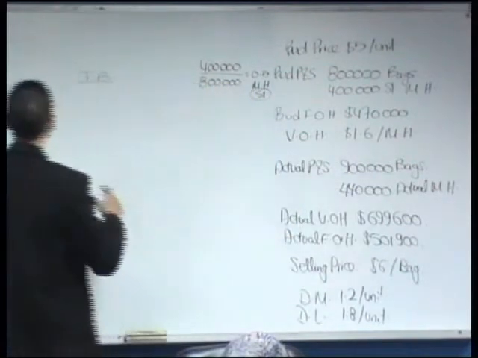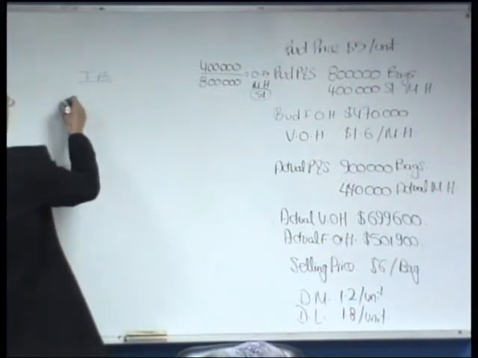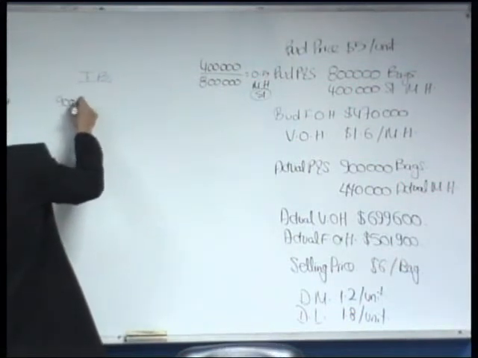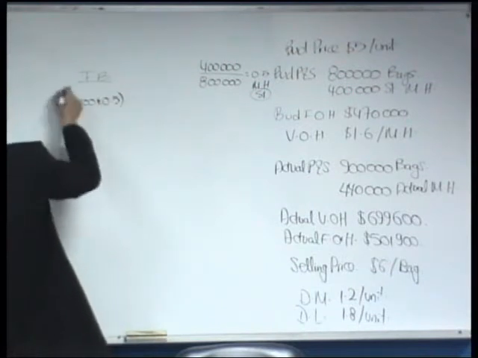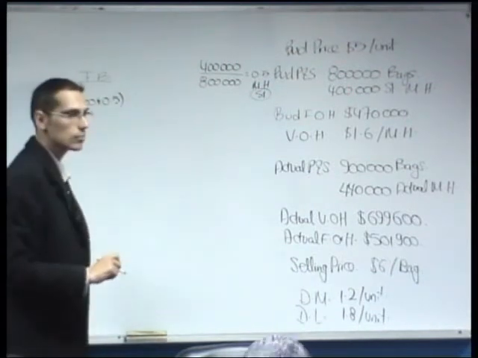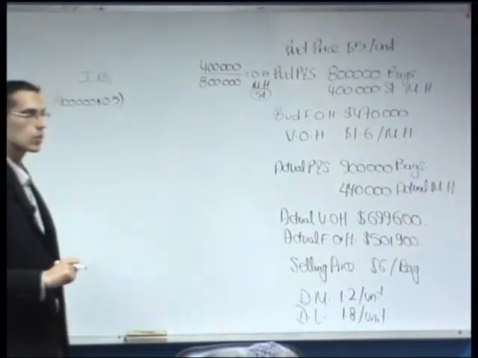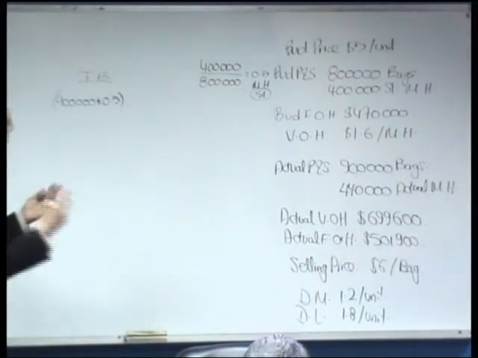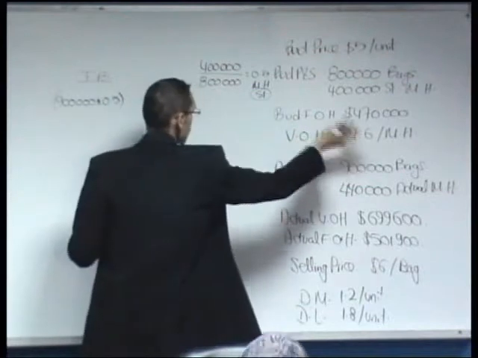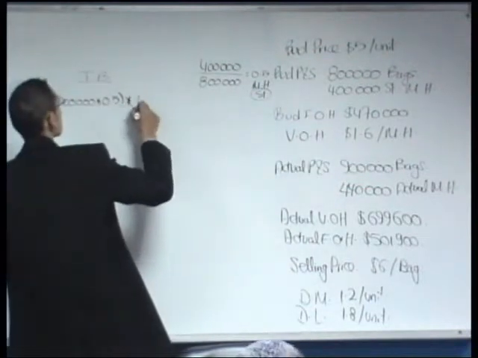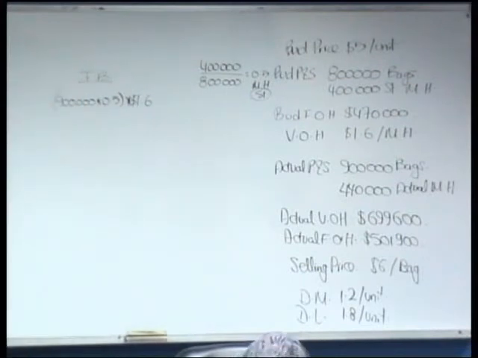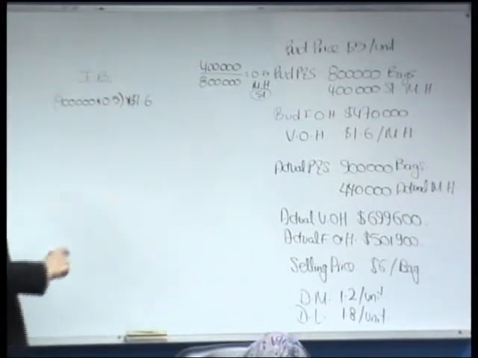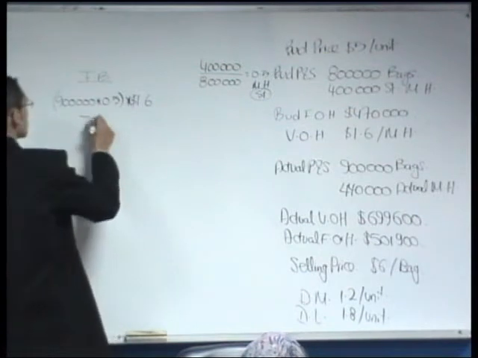Therefore, now the quantity would be 900,000 bags multiplied by 0.5. Of course, multiplied by the budgeted rate, $1.6, which would equal $720,000.